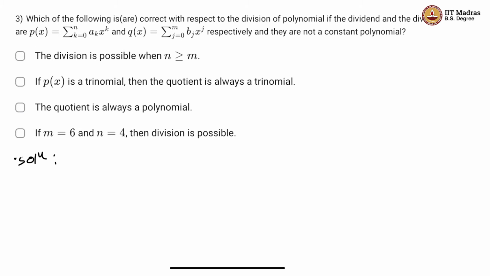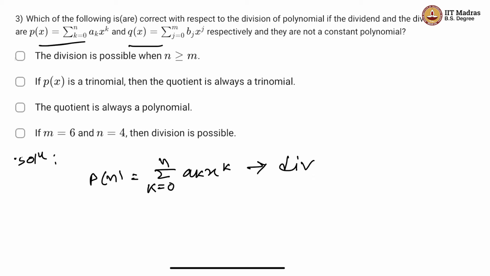This is our next question. Which of the following are correct with respect to the division of the polynomial if the dividend and divisor are p, q? Okay. So p(x) equals summation k equals 0 to n of a_k x^k.